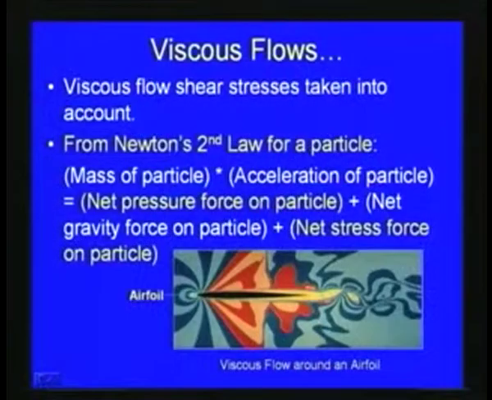So, in viscous flows the shear stresses are taken into account, and generally, as we have seen in most of the other cases, we consider Newton's second law, so that we can write the mass of the particle multiplied by the acceleration of the particle equal to the algebraic sum of the forces. For viscous flow, the various forces will be the net pressure force on the particle, the net gravity force on the particle, and the net stress forces on the particle.